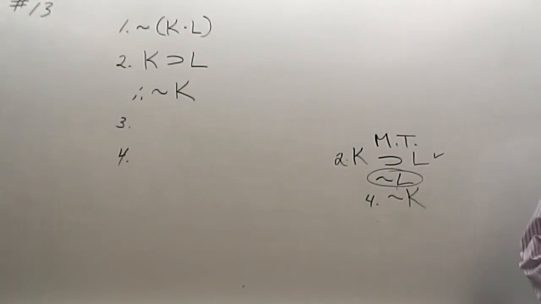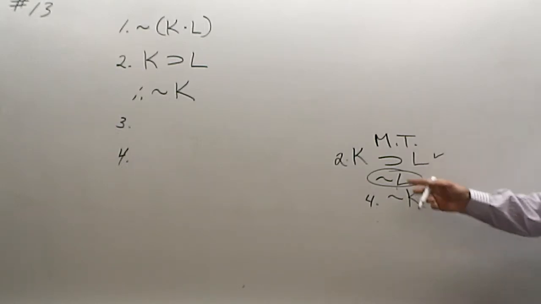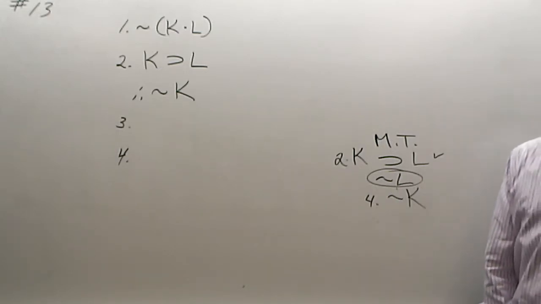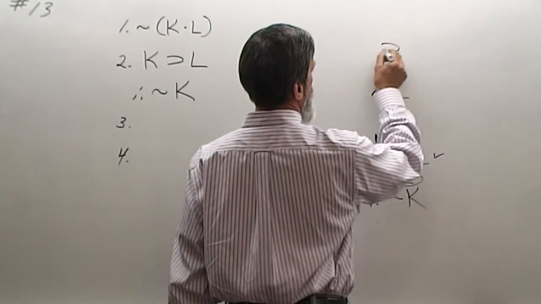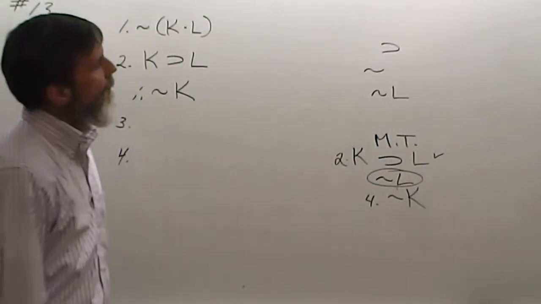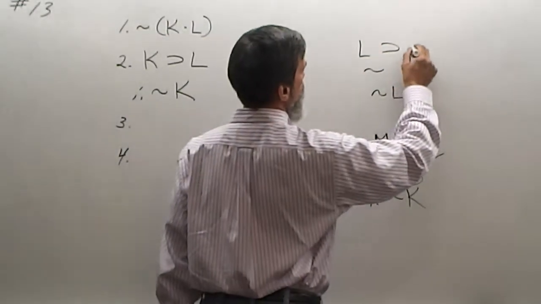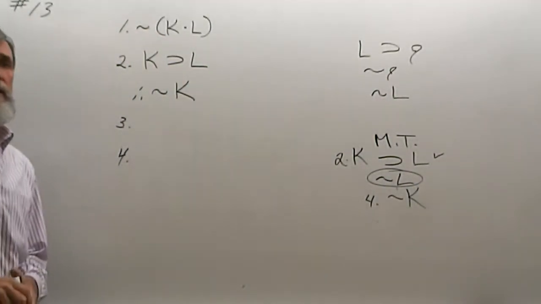So that means in order to complete modus tollens, we now have to obtain curl L. Right? Curl L doesn't exist anywhere. There's only one way to create a curl. So if this is going to happen, we have to use modus tollens to create curl L. So we'll draw it up again. We need a horseshoe and a curl. The antecedent of that horseshoe has to be L. Don't know about that, except it has to be the same as the component in the second premise.